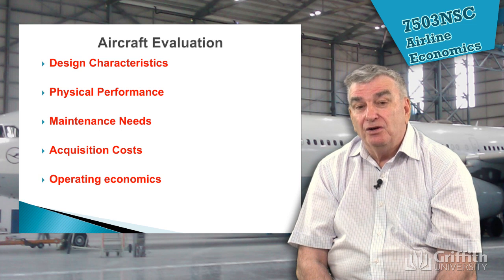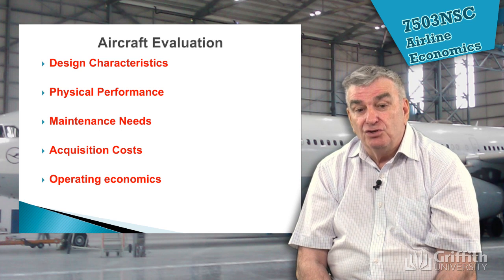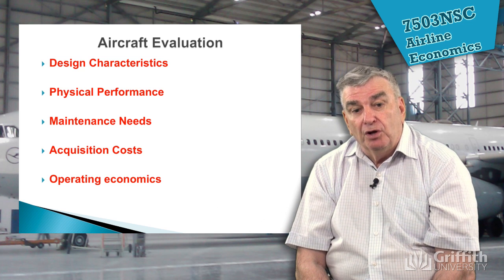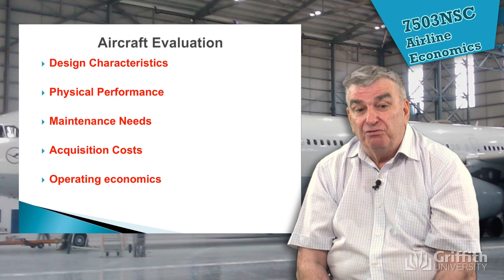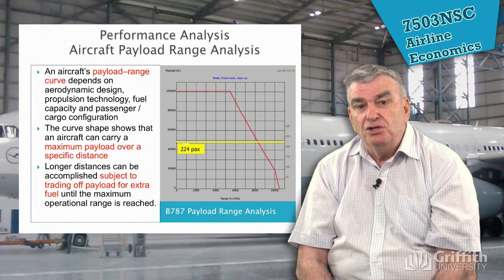And what are the operating economics? Since the Boeing 787 has come in, for example, flying from Melbourne to Hawaii, we now know that we're saving about 5 tonnes of fuel by putting a 787 on that route now, rather than using an older Airbus 330. So these make a difference.